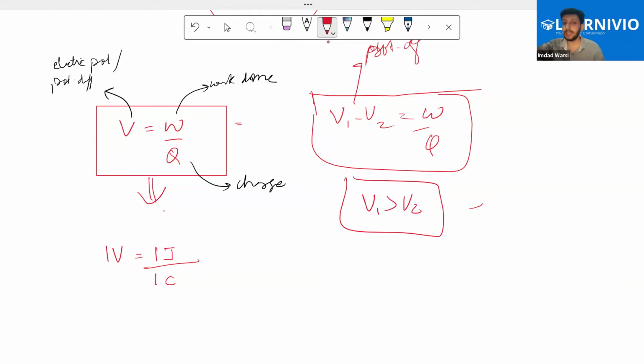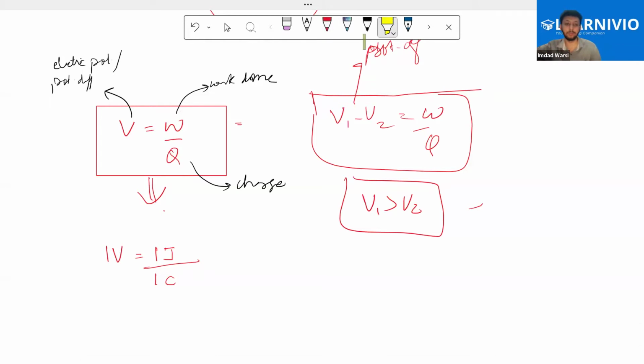The SI unit of electric potential was volt, of work done was joule, of charge was coulomb. So 1 volt is the potential when work done of 1 joule is required in moving a charge of 1 coulomb. Understood? Write it down also.